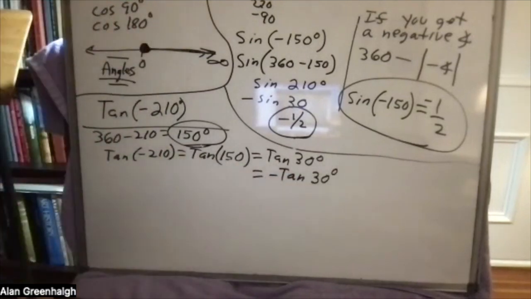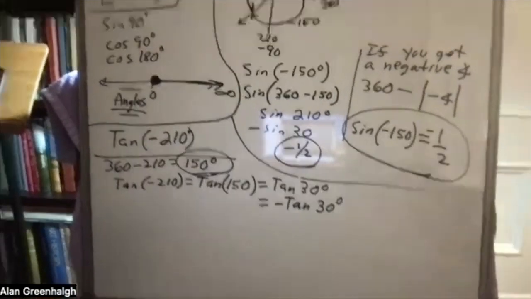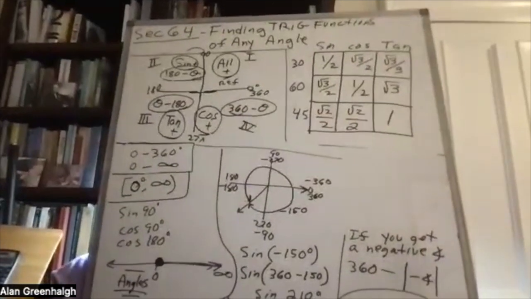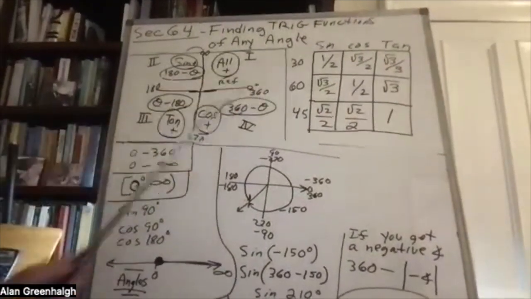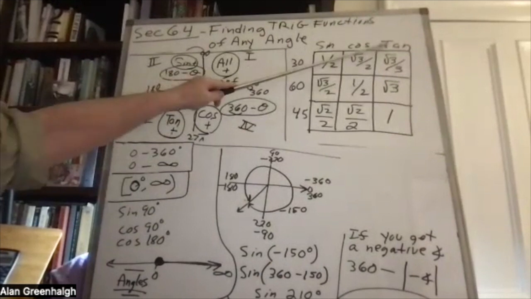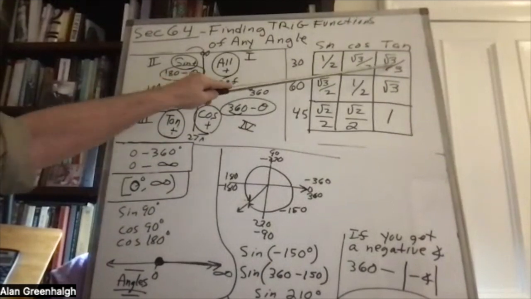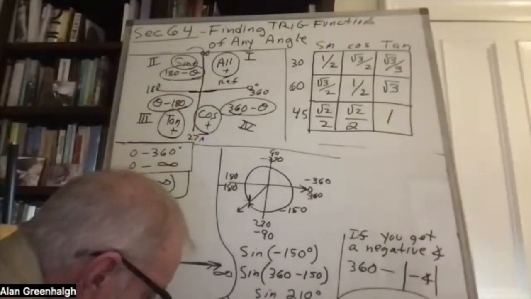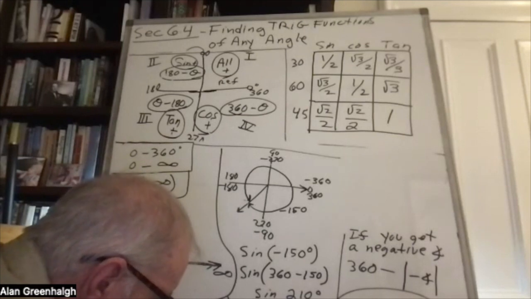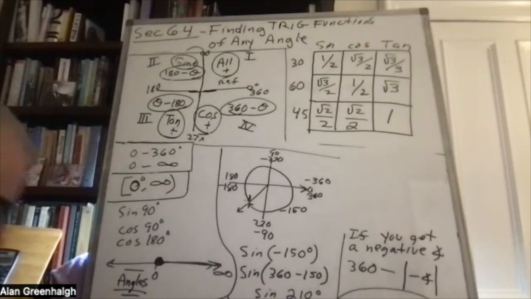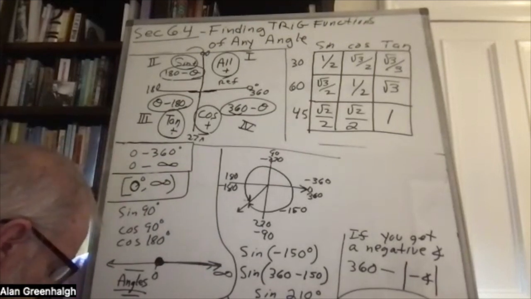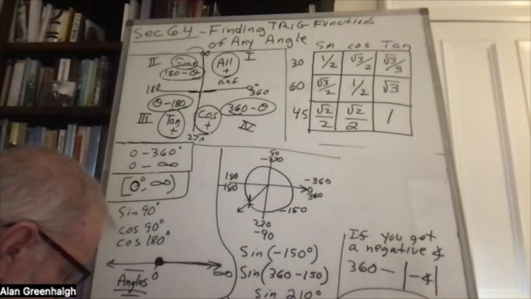And the tangent of 30 degrees, if you look back at the original chart up here, is the square root of 3 over 3. The answer is negative the square root of 3 over 3. So the tangent of negative 210 degrees is negative the square root of 3 over 3.